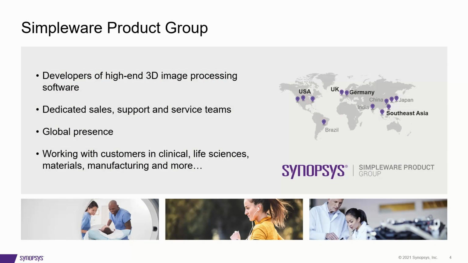In terms of the Simpleware product group within Synopsys, we are developers of high-end 3D image processing software. We have dedicated sales, support, and services teams across the globe. We work with customers in clinical, life sciences, materials, manufacturing, and more areas as well.